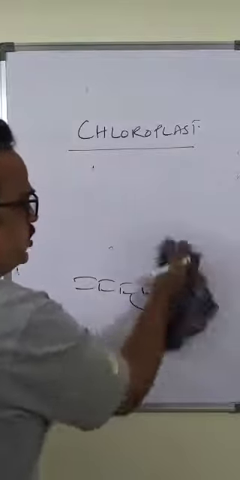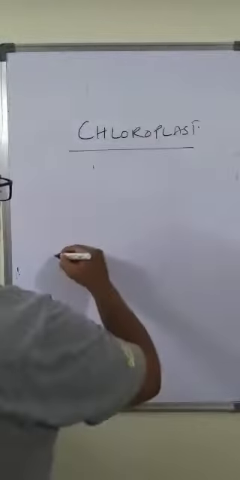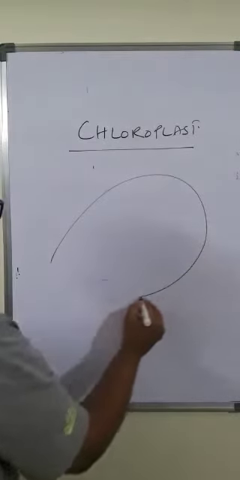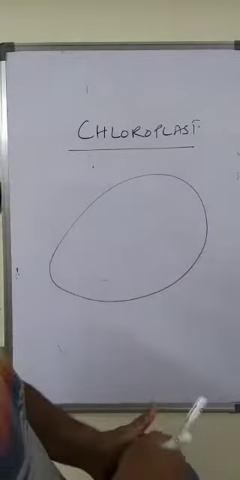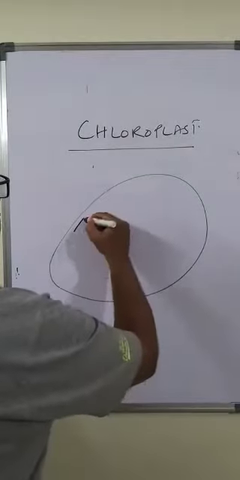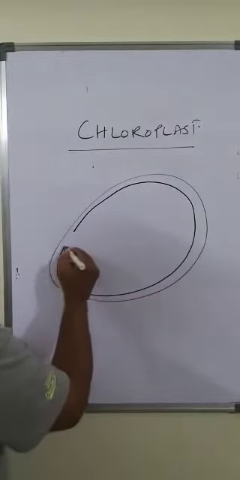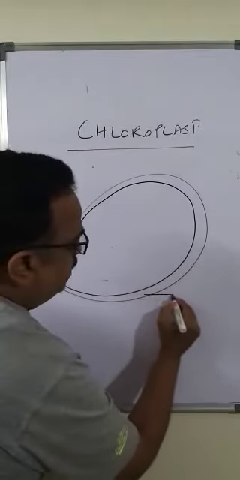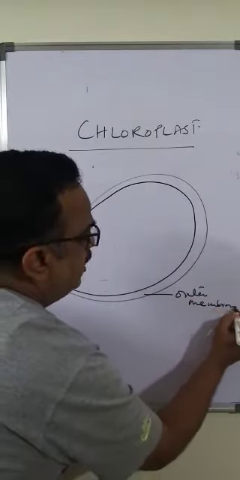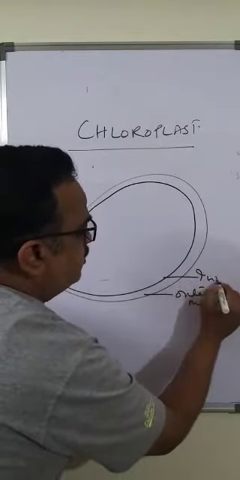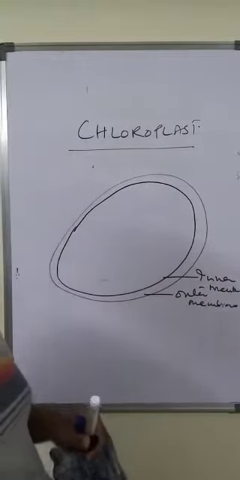Now, when you see the structure of chloroplast, as I just told you, chloroplast is an oval shaped structure, and it is bounded by two membranes. This is the outer membrane, and this is the inner membrane.